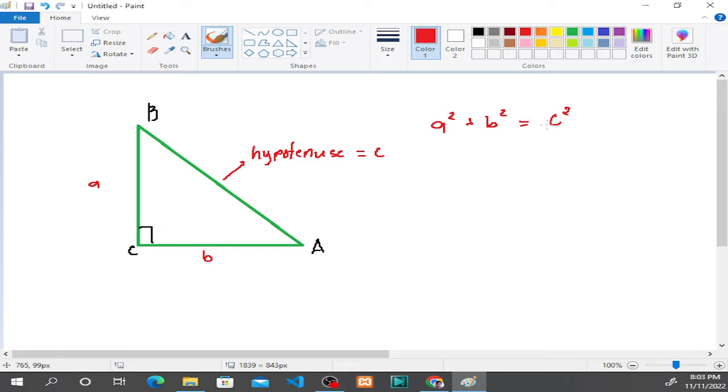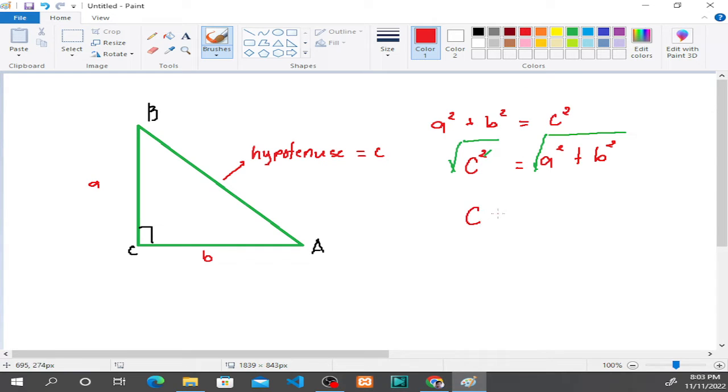So if you want to get the hypotenuse, you take the square root of both sides, so that c squared is equivalent to a squared plus b squared. When you take the square root of this, you can find the length of the hypotenuse.